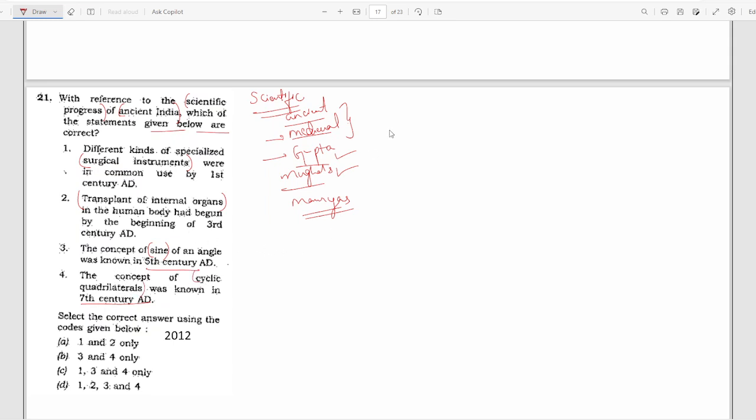So these things you have to read when you are reading standard books, or whenever you are reading this topic, that is, scientific progress of any particular age or time period. This topic is not just for the prelims, but it is also important for mains. I hope this is clear.